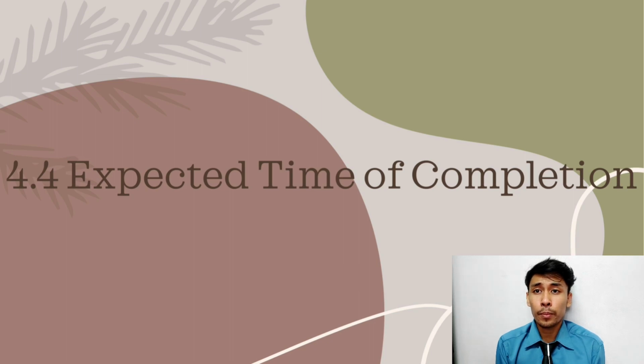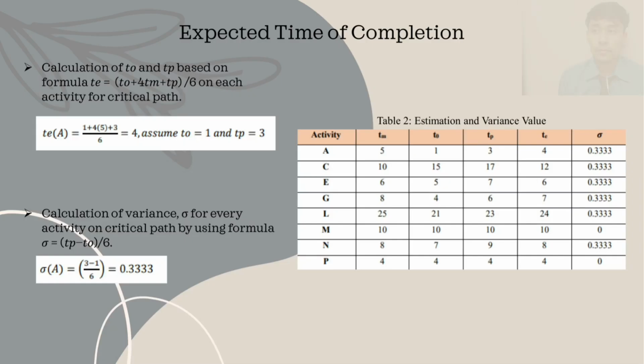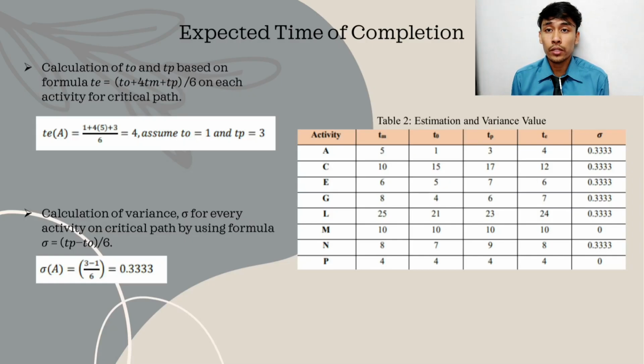For this 4.4 part, the question requires us to find the expected time to finish 99.85% of the project. First, we need to find the TO and TP values, because TO and TP are important to calculate the variance.